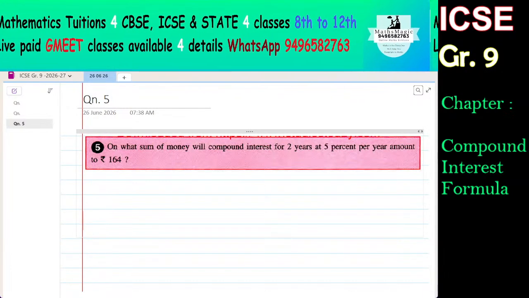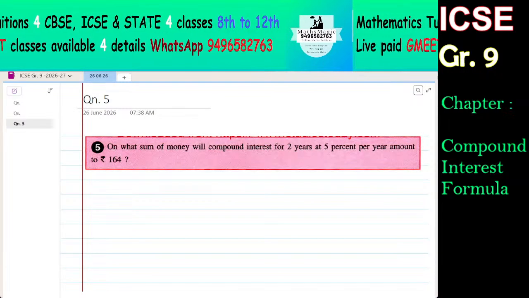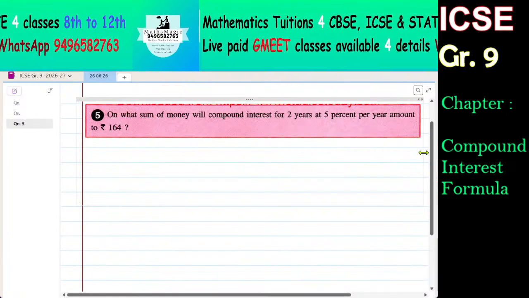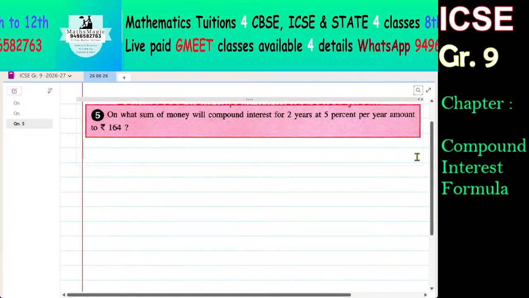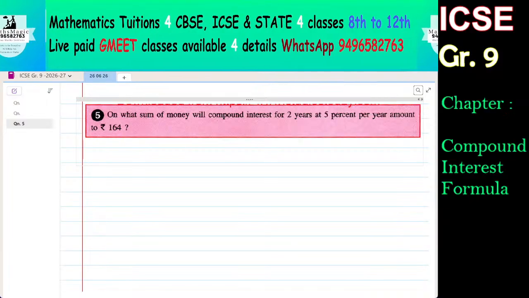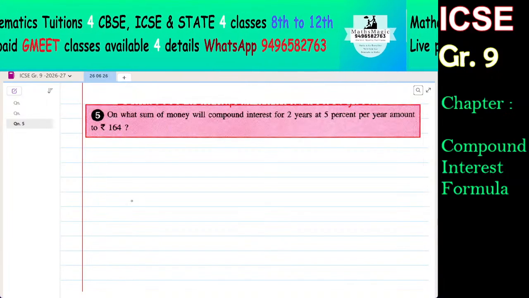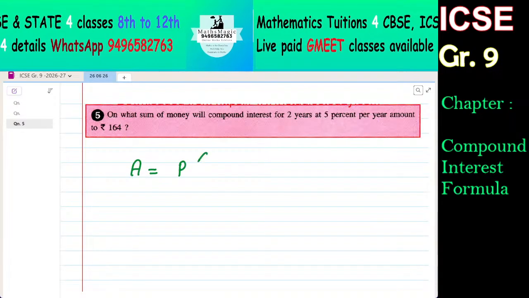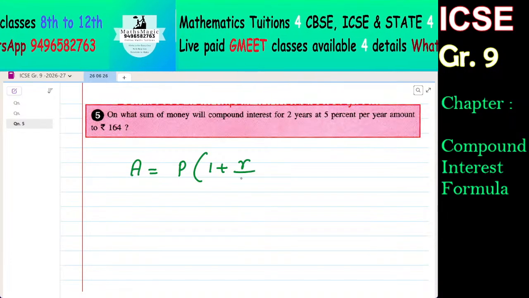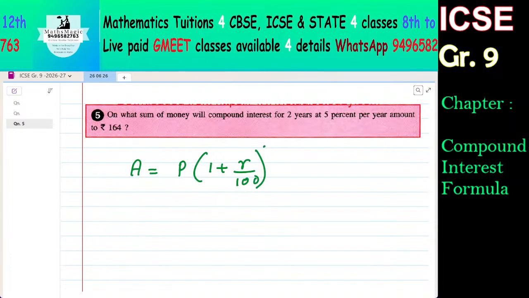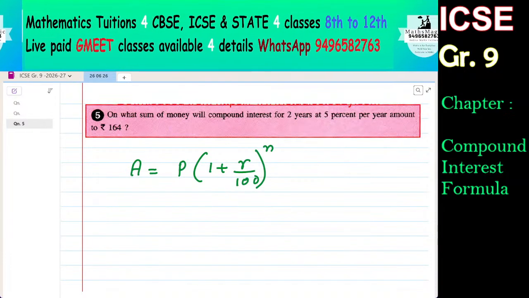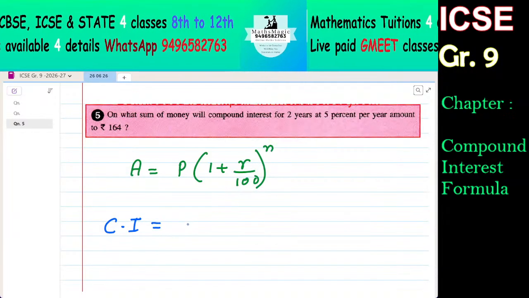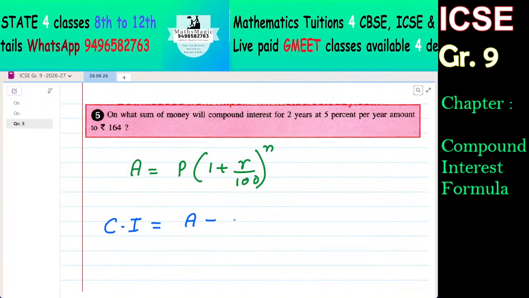For the latecomers and late joinees, I'll just explain how we got the formula and you can solve it a little bit differently, and if you have this formula, it's okay. We have this formula for amount as P multiplied to 1 plus R by 100, the whole to the power N. And the formula for compound interest alone is amount minus principal.